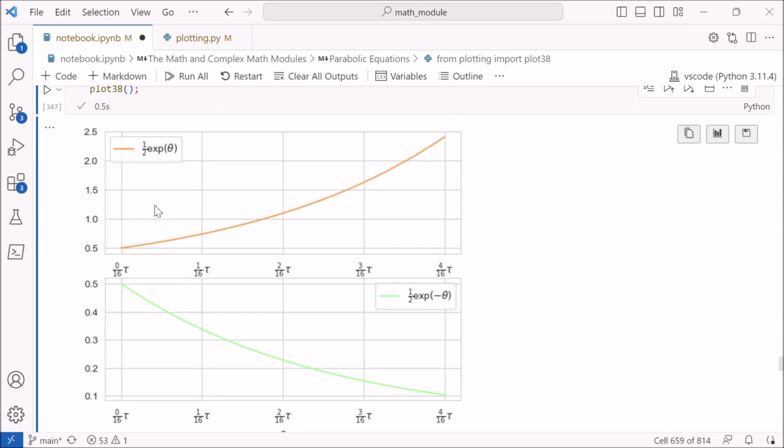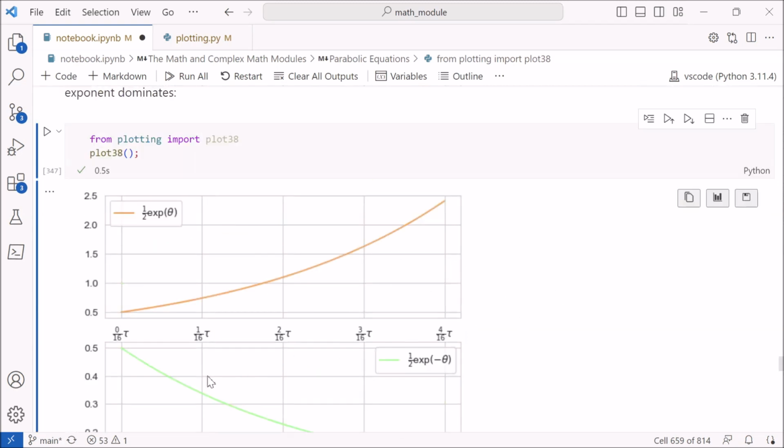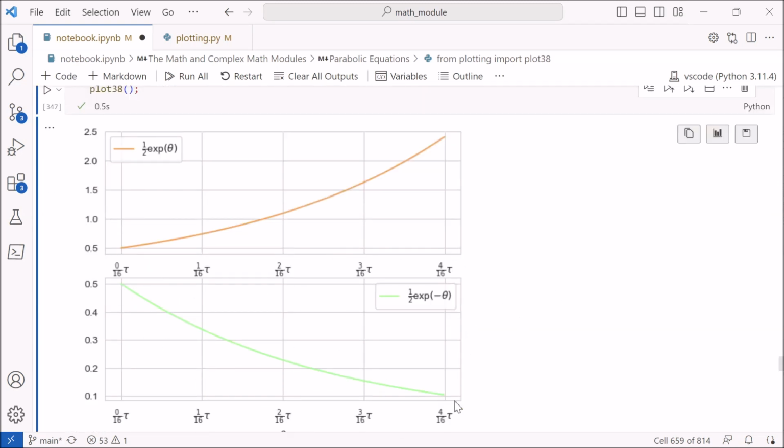So in the small region, when they're added, this is going to be significant at the start, and then it's going to go down effectively to 0, and this is going to go to a very large value because this exponentially increases and this exponentially decreases. So you've got the value 1 when they combine, and then you're going to see the effect of this going down, and then eventually this is just going to dominate.